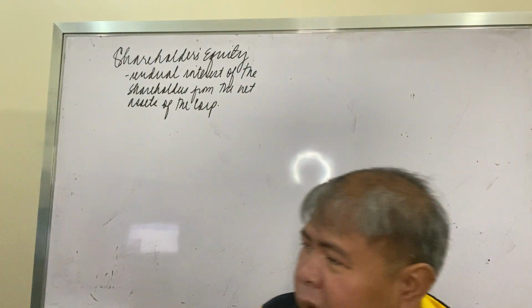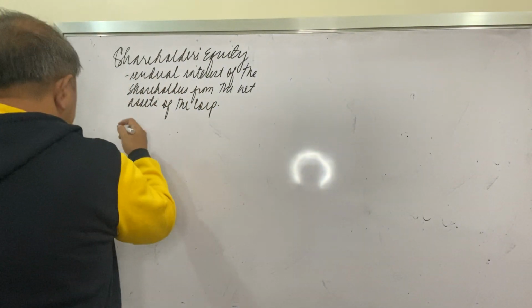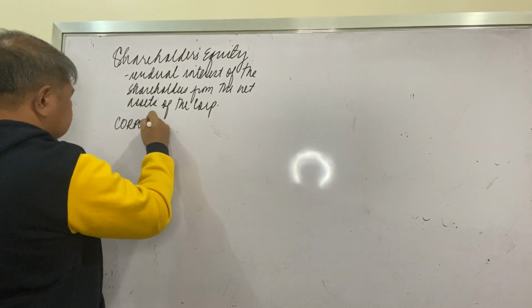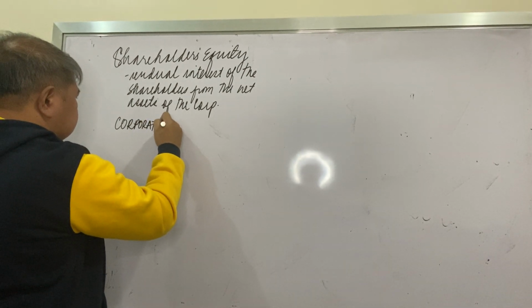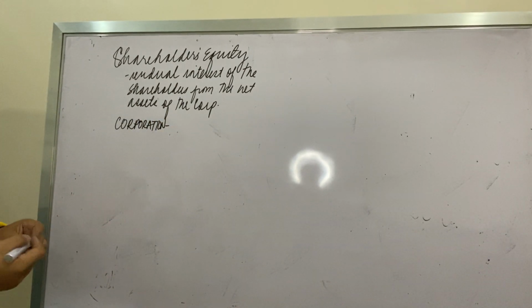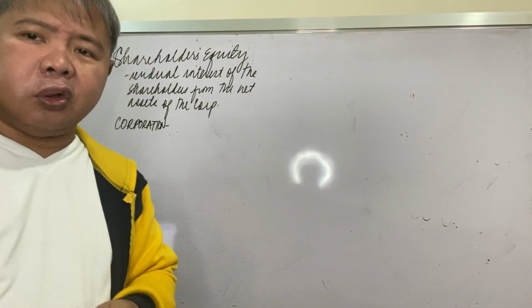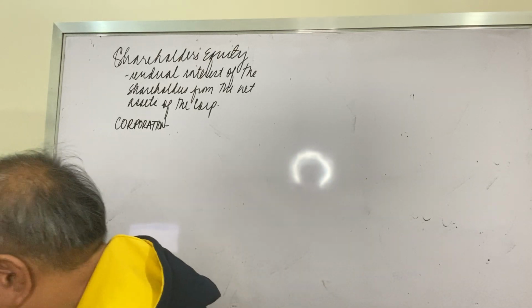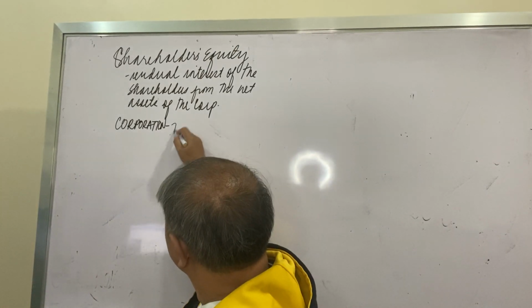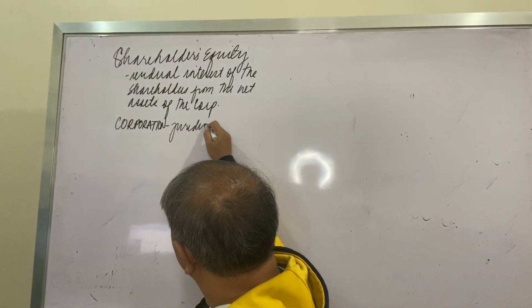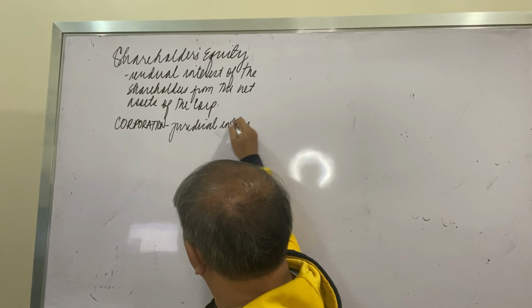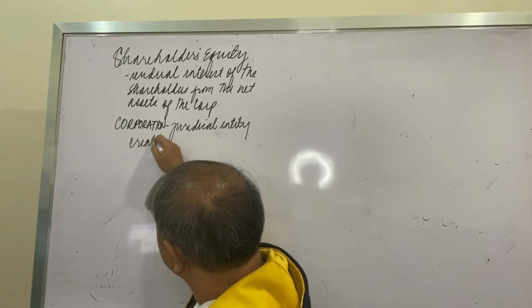Okay? Now, shareholders equity actually pertains to what? It pertains to the corporate setup or corporation. So what is a corporation? We speak of a corporation, it is actually a juridical entity created by operation of law.